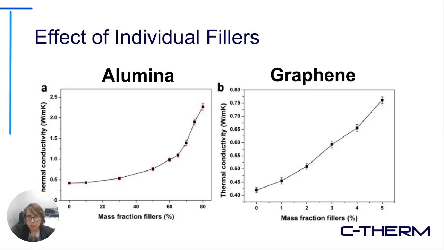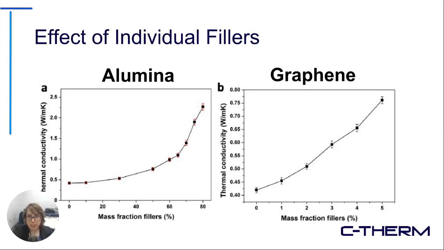When you get to a very high weight percent loading, in this case upwards of 80%, contact resistances become increasingly less significant for each increment of mass addition. So you'll get much more efficient heat transfer in something that's 80 or 90% alumina than something that is only 10% alumina, when you're dealing with a matrix that's thermally insulative.